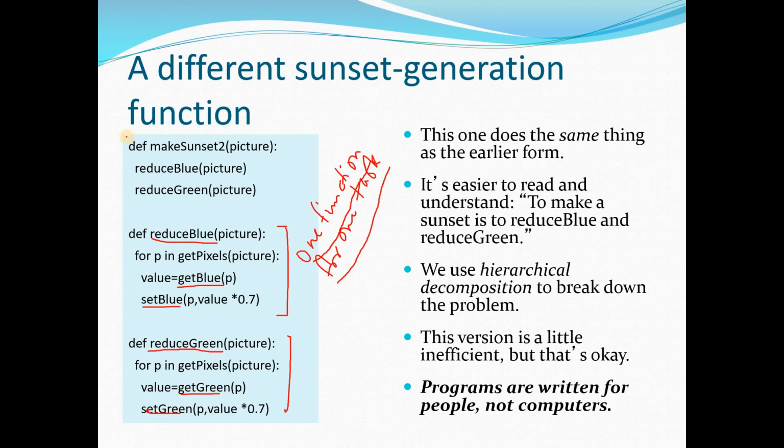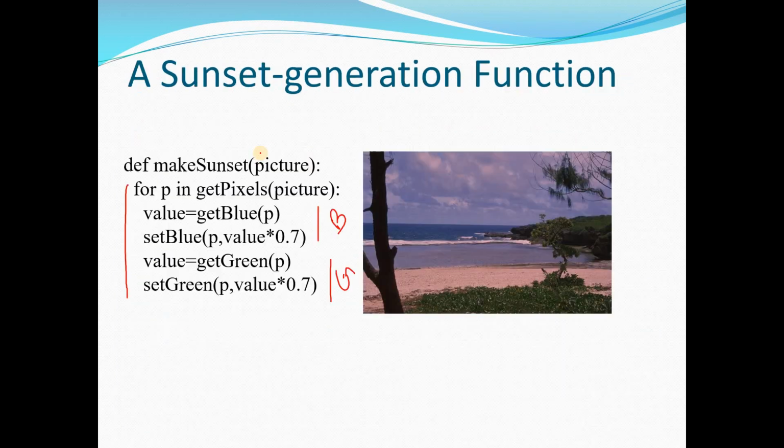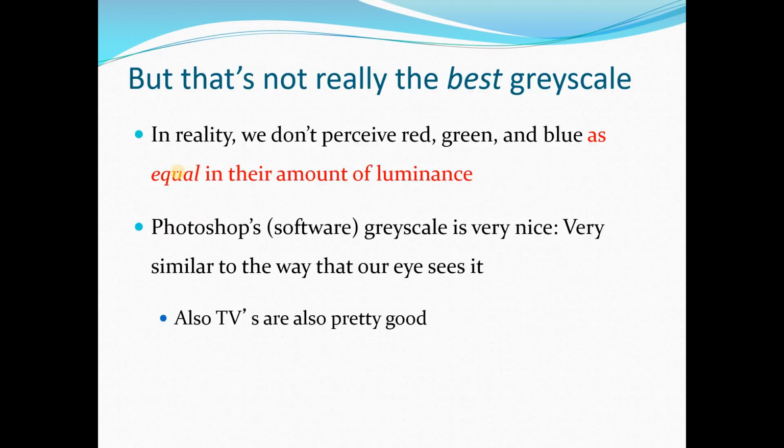Now we have over here introduced a new function, its name is make sunset 2. Why do we put a 2? Because if you remember the last slide, the name of the function was make sunset. So just to give it a new name, so that it does not mix with the old one, this one is make sunset 2.